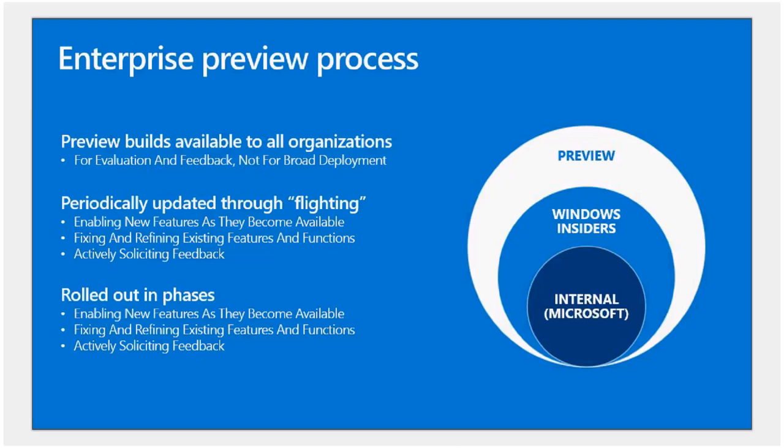There's a canary ring that's basically the daily build to make sure that it's somewhat solid as the code continues to change. We then expand out to an internal fast ring, which is for all of our engineers and partners and others who want to be able to see things as the features are added.